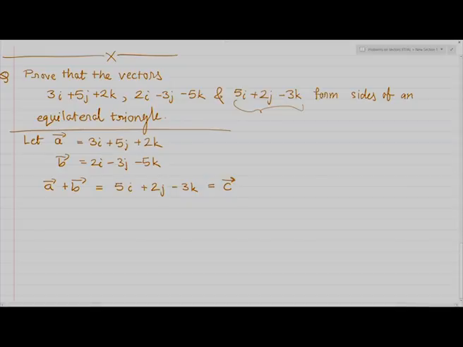Now, we want to show that they form an equilateral triangle. There are 2 ways to show. Either you show all the sides have same length, or you show all the angles are of measure 60 degrees. We will choose the latter one, because we have an opportunity to choose the dot product. So, what is A bar dot B bar?